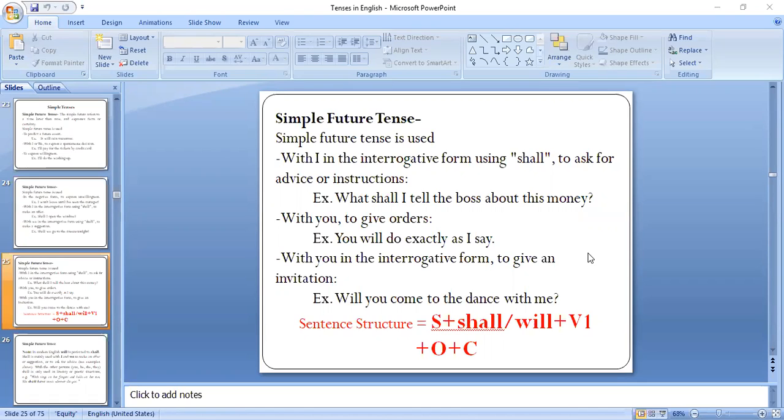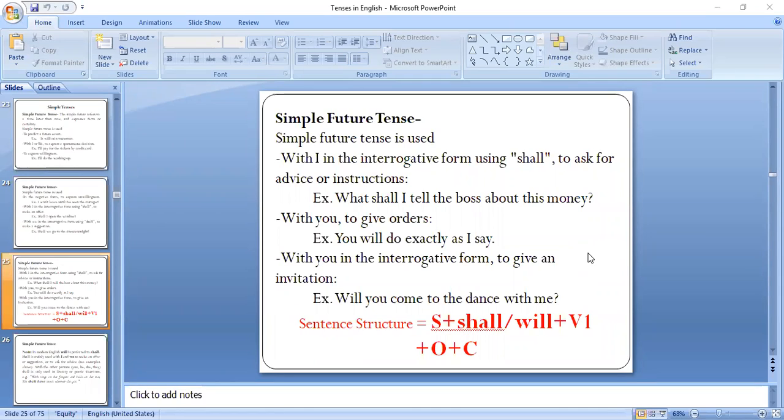Okay, so for giving orders, we use the verb of the simple future tense, that is shall or will. In front of I and we use shall, and for the remaining pronouns, other than I and we, we use will.